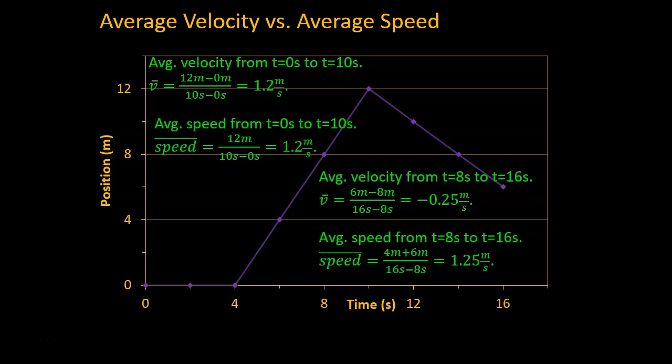So again, when you have a change in direction, you'll find that the average velocity will be different than the average speed. And again, the average velocity can never be greater than the average speed, but the average speed will be greater than the average velocity when we change directions.